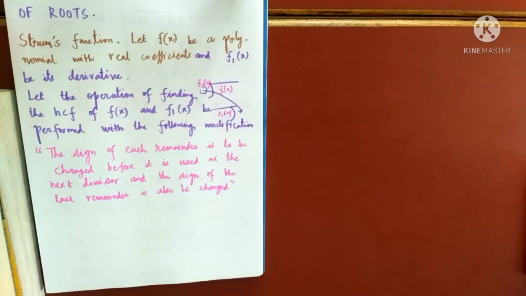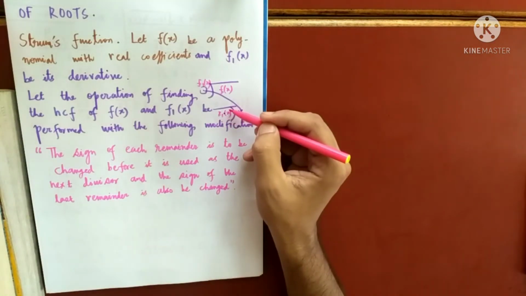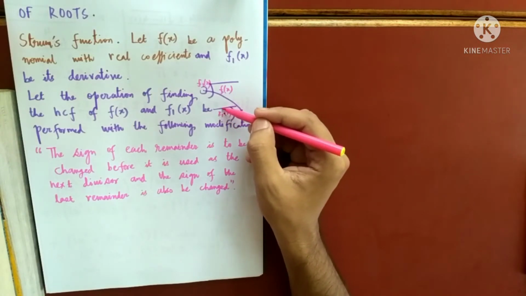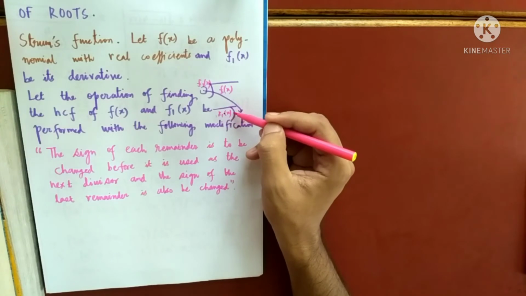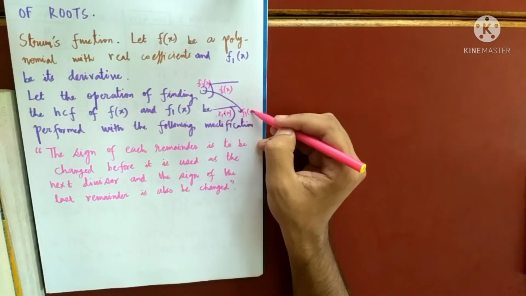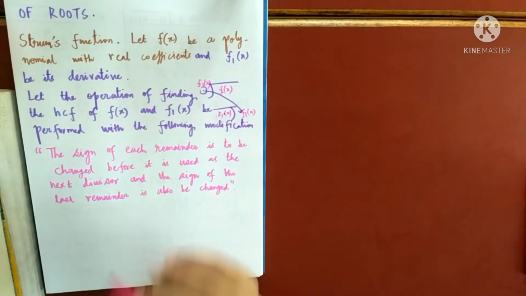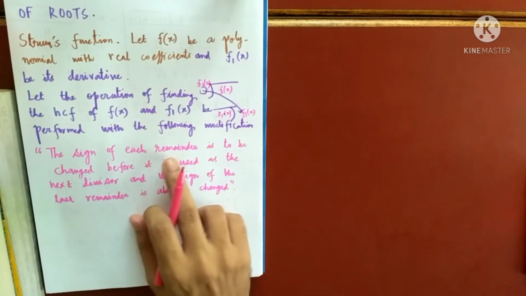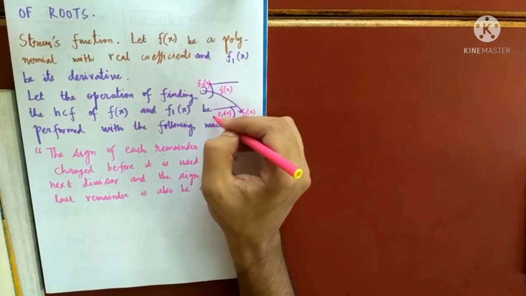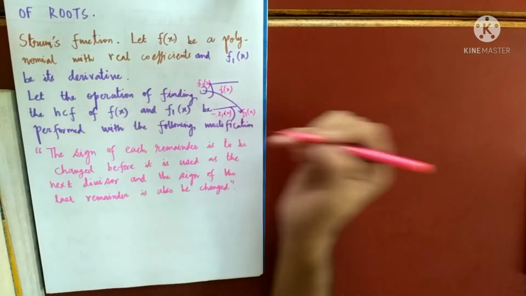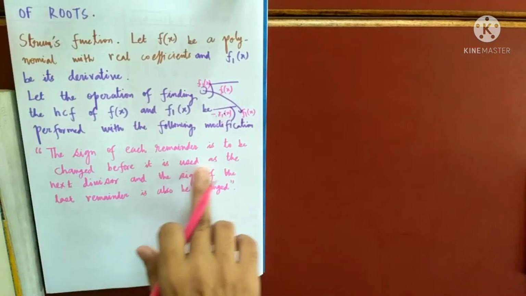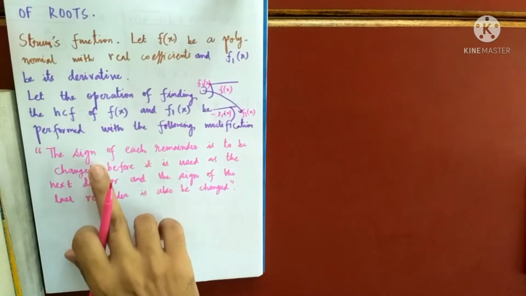What is the next step? You will take this remainder as your divisor and this becomes your dividend. But Sturm said no. When you are taking the remainder as your divisor, you change the sign. So you multiply each coefficient by minus.